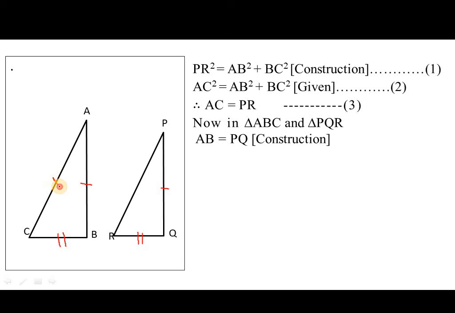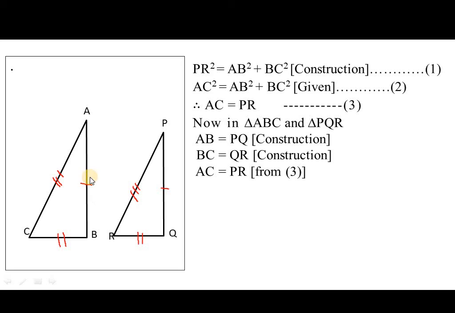Similarly, the length of AC is equal to the length of PR. So we can write AB is equal to PQ, BC is equal to QR, and AC is equal to PR. So all these sides are equal.